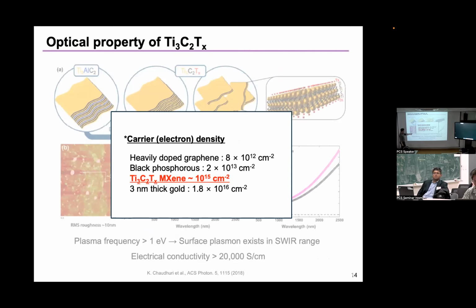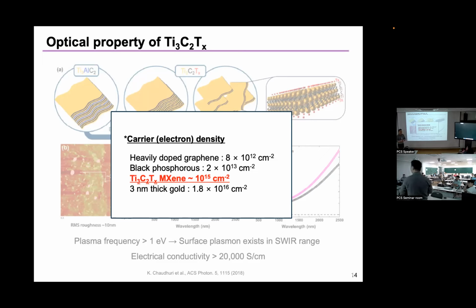Sorry, I didn't give the reference, but we got the values from other journals, for Ti3C2 MXene. But do you know what type of measurement they used? Sorry, I have no idea about that.